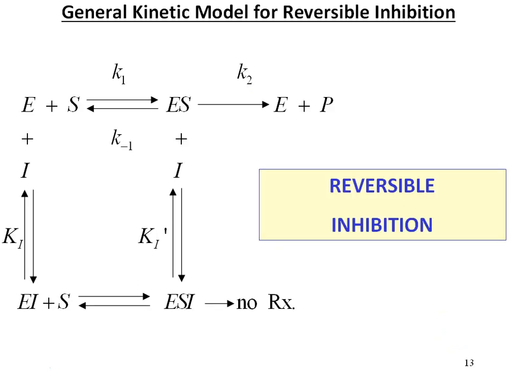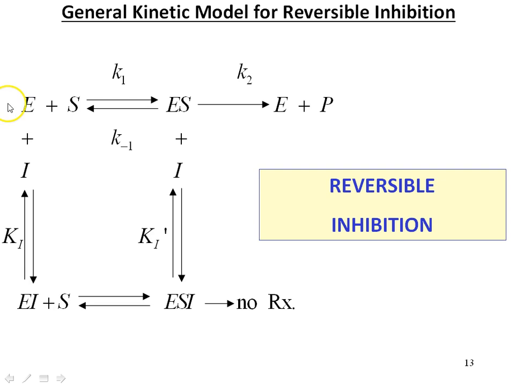So, the general kinetic model for reversible inhibition. So far that part of the model is exactly identical to the Michaelis-Menten model of kinetics, except that we add an inhibitor. The inhibitor can bind to the free enzyme to form an enzyme-inhibitor complex. The enzyme-inhibitor complex can bind the substrate to form an enzyme-substrate-inhibitor complex, which will lead to no reaction.